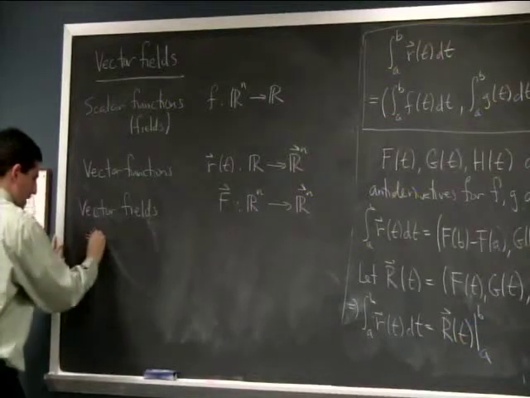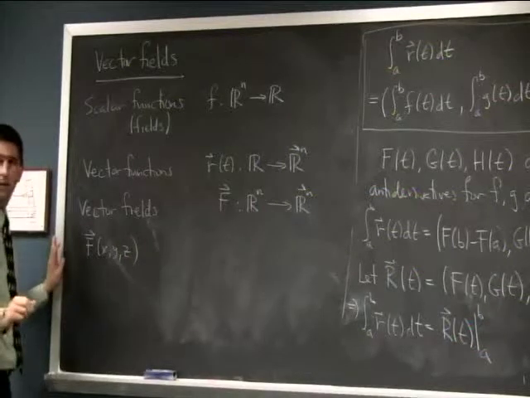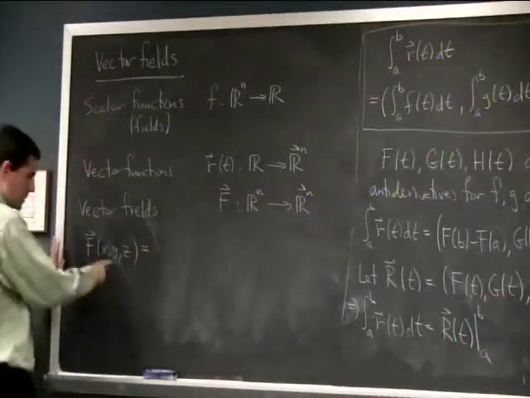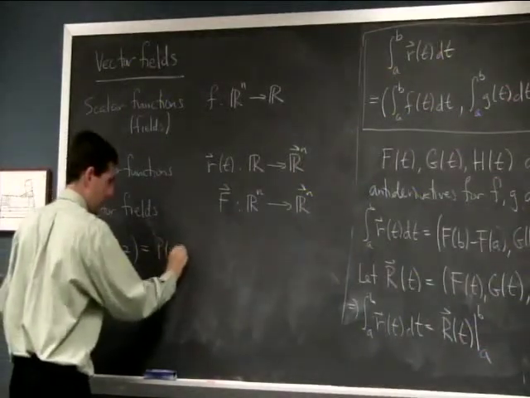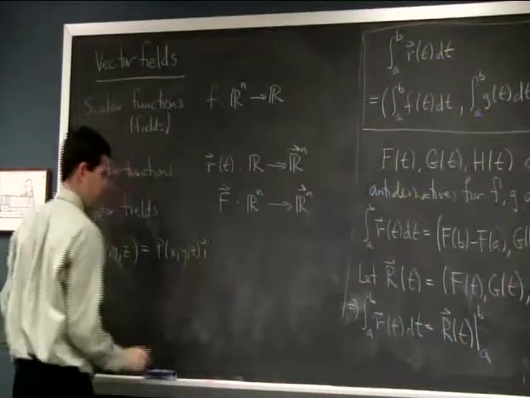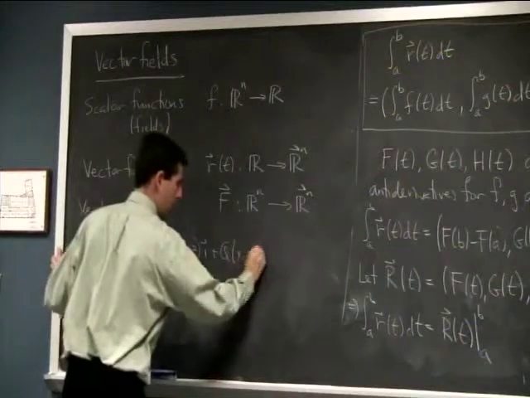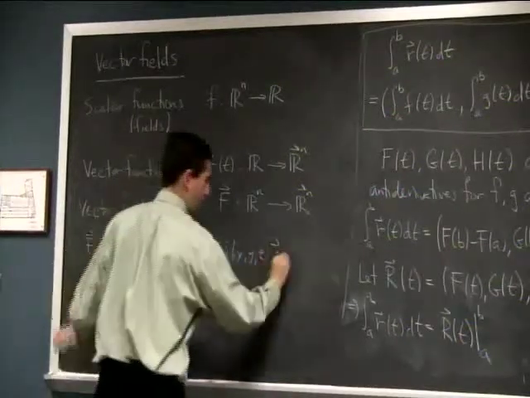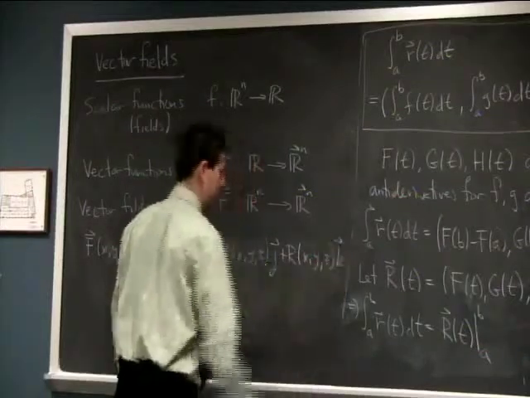So say you have some F of x, y, z, so it eats a point x, y, z, then you can write the image as, well, there should be 3 functions, and I'm going to call them P, Q, and R. So it will be P of x, y, z times i plus Q times j plus R times k.